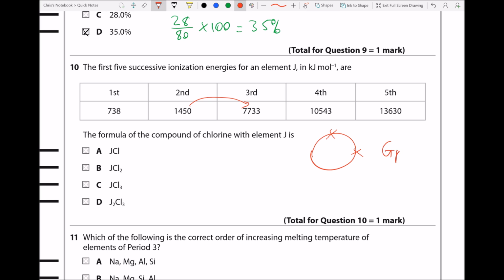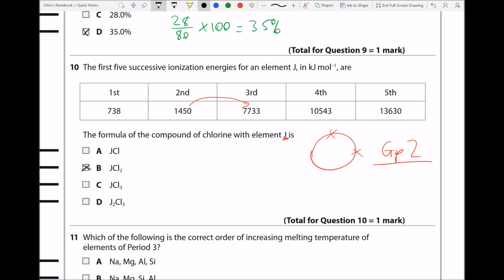In other words, it's a group 2 element. Obviously they're calling it J, but that's not an element, so we need to think of a compound that would form in group 2. You're looking for something like JCl2, because if it's in group 2, it can bond to 2 chlorines. So the answer is B.